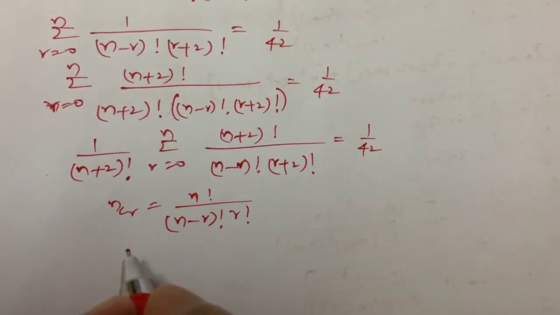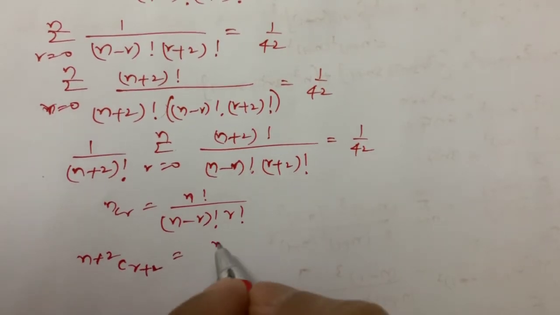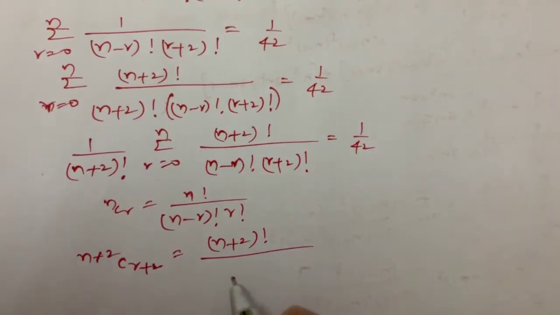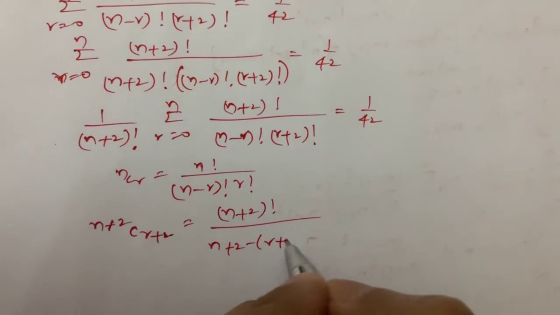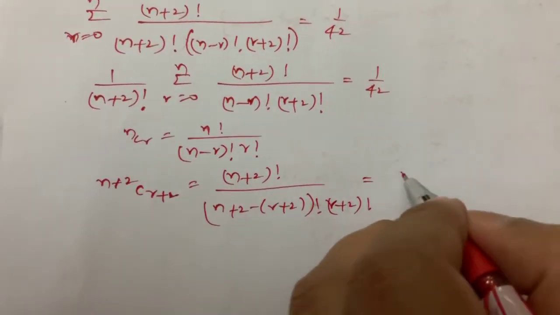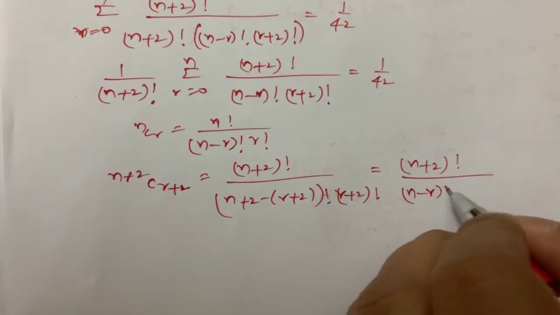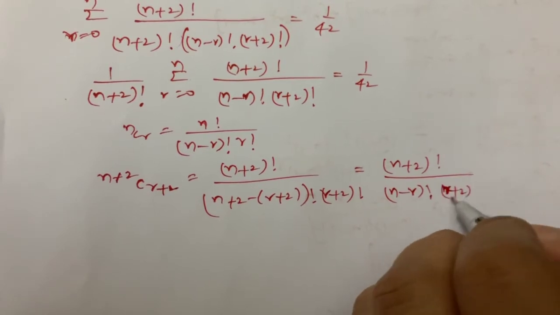So if I use the same thing, n plus 2 c r plus 2 is equal to (n plus 2) factorial by (n plus 2 minus (r plus 2)) factorial (r plus 2) factorial. So that is (n plus 2) factorial by (n minus r) factorial (r plus 2) factorial, right?